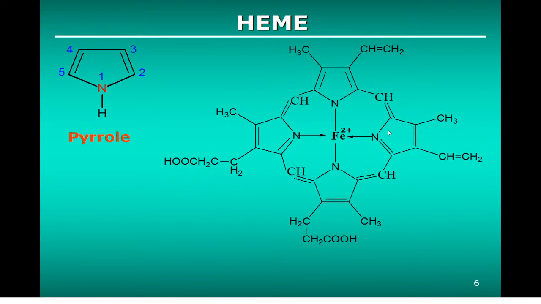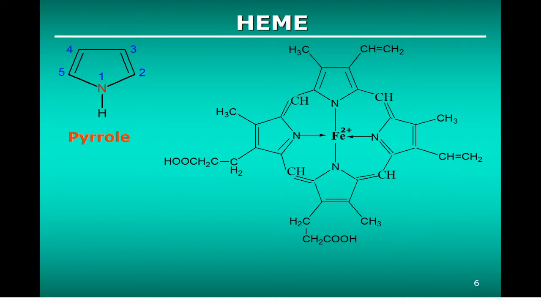So there are some examples of such 5-membered ring compounds, and one of them is heme. It's a structural unit of hemoglobin. It's a protein. It consists of 4 subunits, each one with such a part, and that's why proteins like hemoglobin are known as chromoproteins, red pigments.